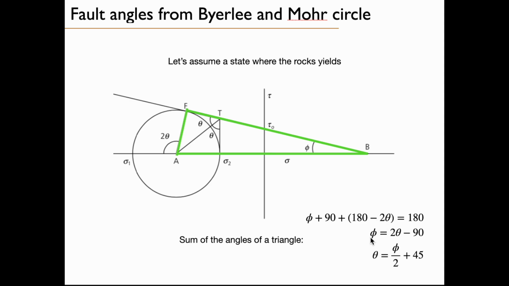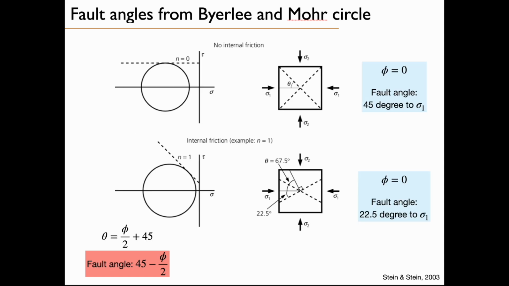One can obtain phi is 2 theta minus 90 degrees, and hence we can solve for theta, which is phi divided by 2 plus 45. So that would be the orientation of theta. To compute the fault angle, we take 90 degrees minus theta. So 90 degrees minus theta is 45 degrees minus phi divided by 2. So that's how to compute the angle of the fault.